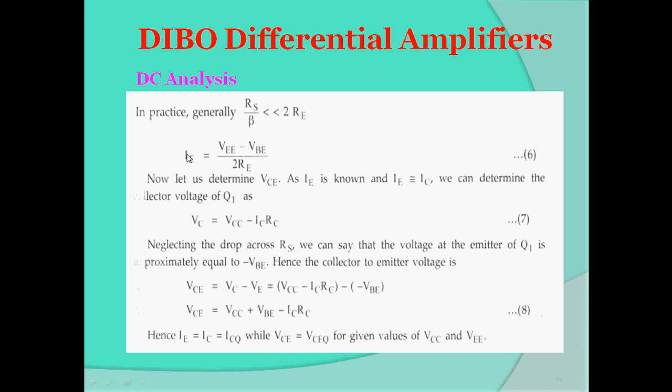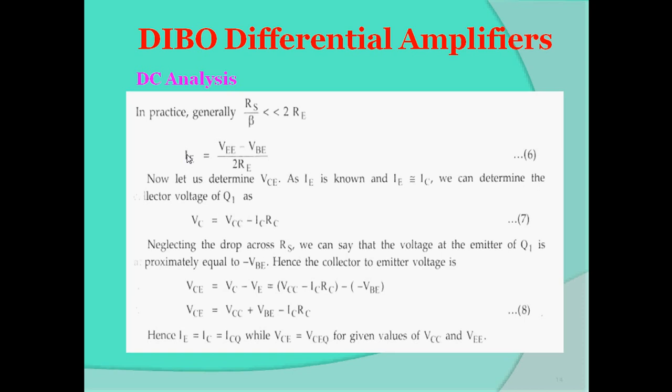As we know that for an emitter bias transistor IC is approximately equal to IE, we can write that IC is equal to IE is equal to VEE minus VBE divided by 2RE. So from this equation, we can say that RE sets up the emitter current in the transistors Q1 and Q2, and for that we should know the value of the VEE supply voltage.